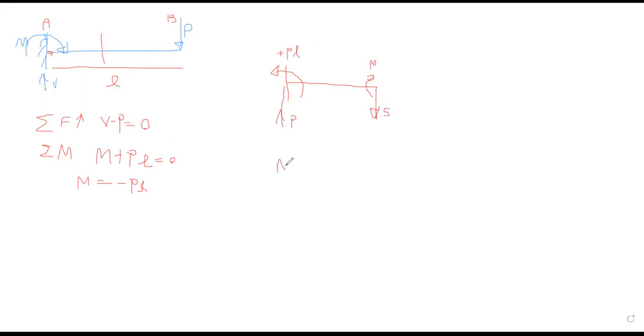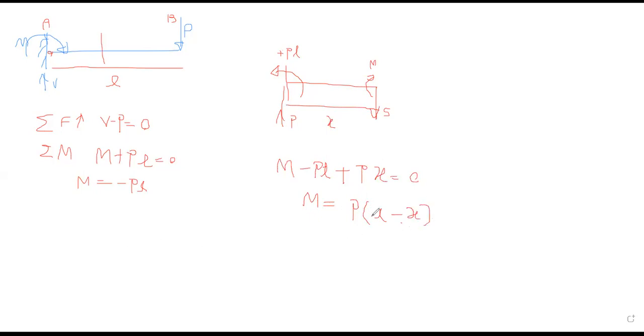So I can take the bending moment M plus M minus PL plus Px equal to 0, so M would be P times L minus x.